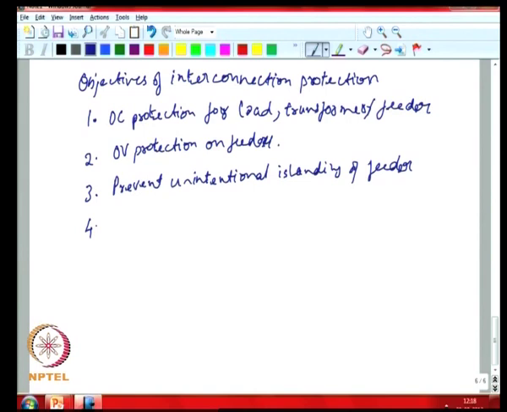Another requirement would be for this interconnection breaker to open rapidly when you sense poor power quality on the grid. If your DG is working and you sense that the grid power quality has become poor, then if you rapidly open the interconnection, your critical loads will not see the poor power quality coming from the grid.